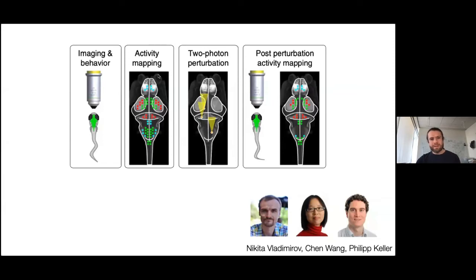So you can imagine, based on activity mapping, that you might hypothesize that two sets of neurons are connected, and that activity in one region depends on activity in another. Then you can start messing with the hypothesized upstream activity, and then re-image the brain and look at behavior to see if that relationship has changed. And our goal was to do both single neuron ablation and single neuron optogenetics.